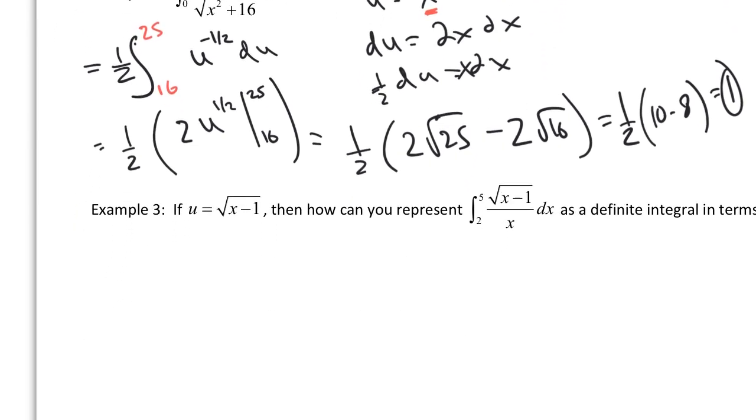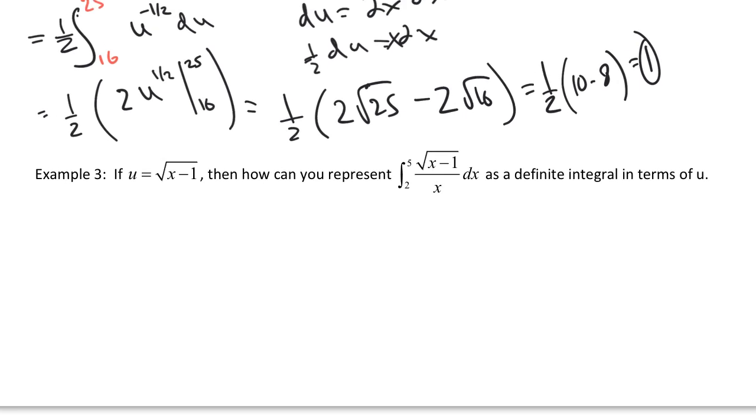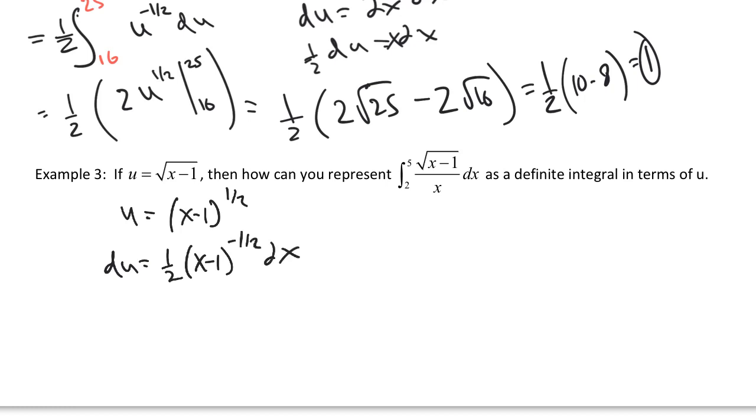Okay, last problem here. It says u is the square root of x minus 1. How can you represent this integral in terms of u? So right away I'm thinking I should probably find the du. I know u equals x minus 1 to the 1/2, so my du is going to equal 1/2 x minus 1 to the negative 1/2 dx after taking the derivative.